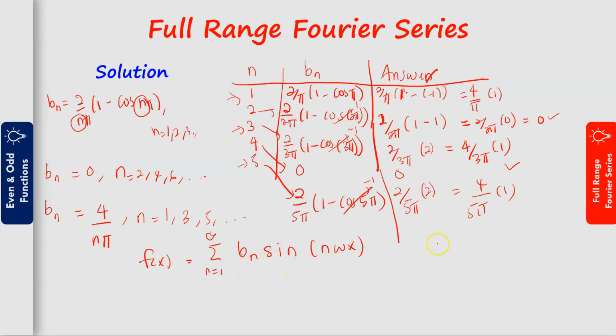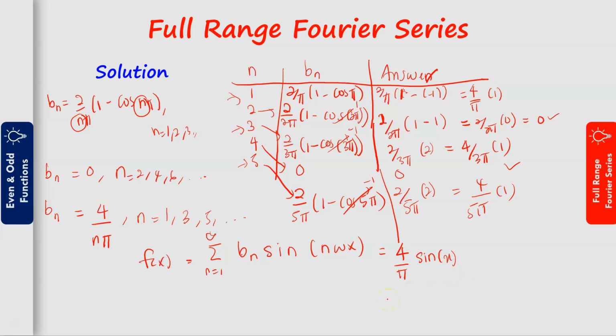In this case, when n equals 1, bn is 4 over pi, sine of 1 omega x, also equal to 1, so sine x.